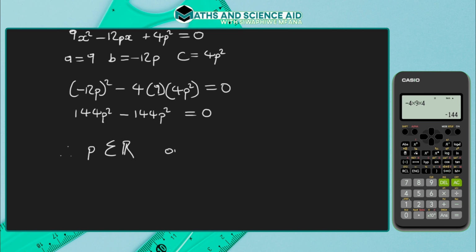Or alternatively, you can even say that p is an element of real numbers from negative infinity to positive infinity. So you can also use the set notation if that's what you would like to do. But either way is fine, as long as you understand what this means.